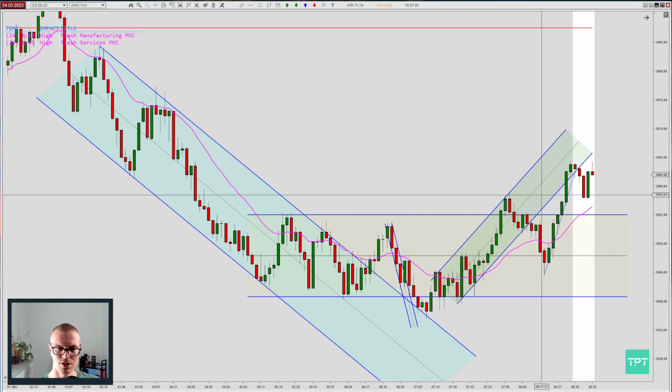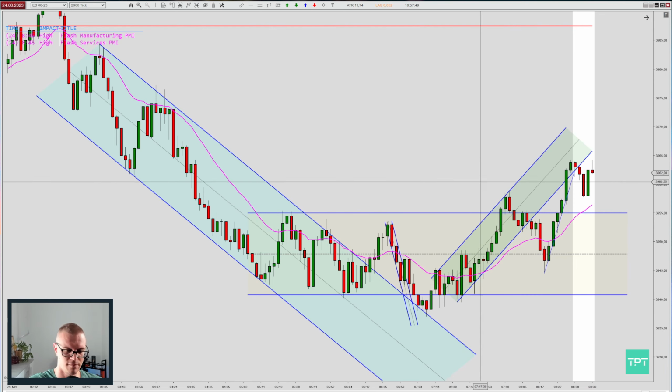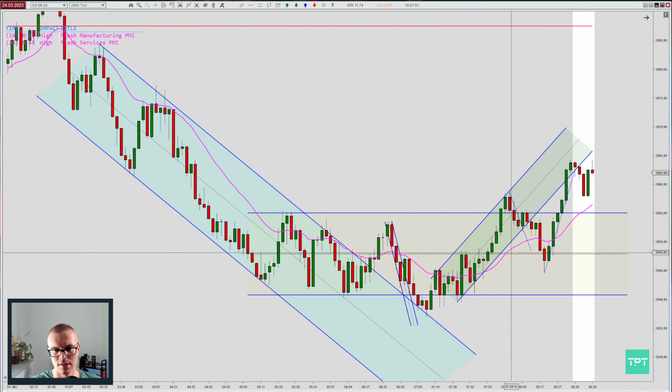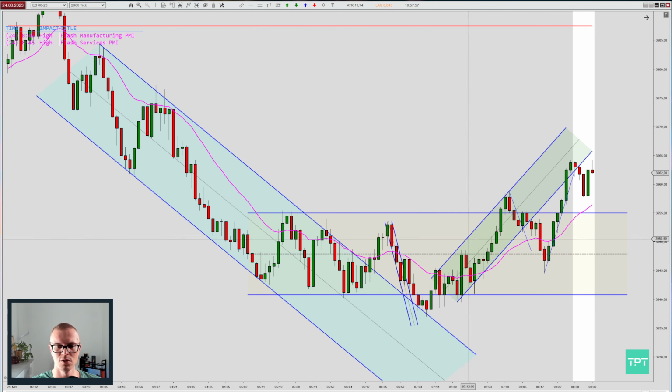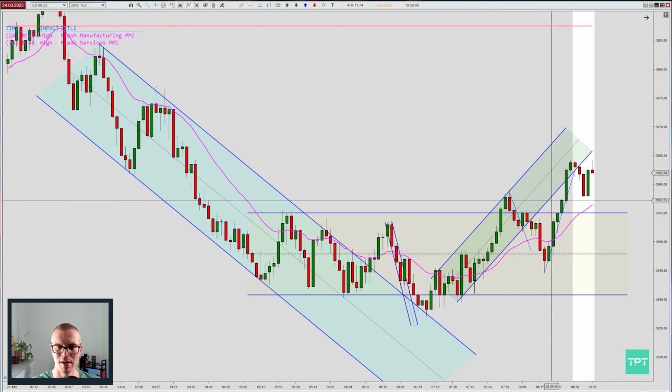So we had this channel working higher, first break. You can see also the shorter term channel working lower, first break of the shorter term channel, retest of the lows, also first break of this uptrend, and we're going higher here, pushing strongly above the EMA, leaving the range to the top side and making a new high.